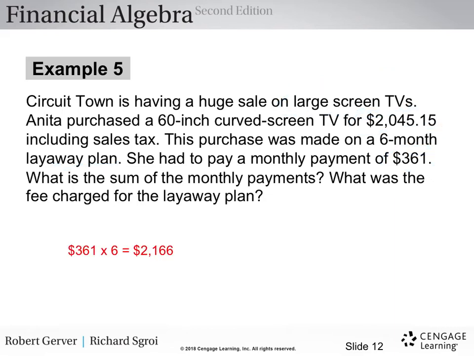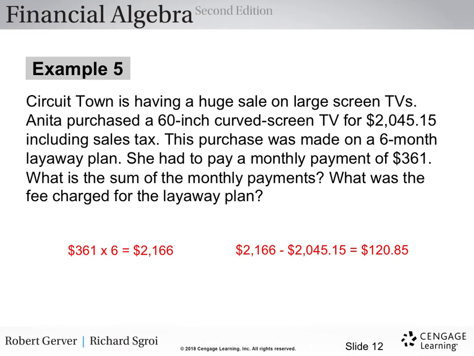All right, so the monthly payment, as I said, was $361. And this was a 6-month layaway plan. So $361 times 6 comes out to be $2,166. So that's the sum of the monthly payments. Now, what was charged for the layaway plan?